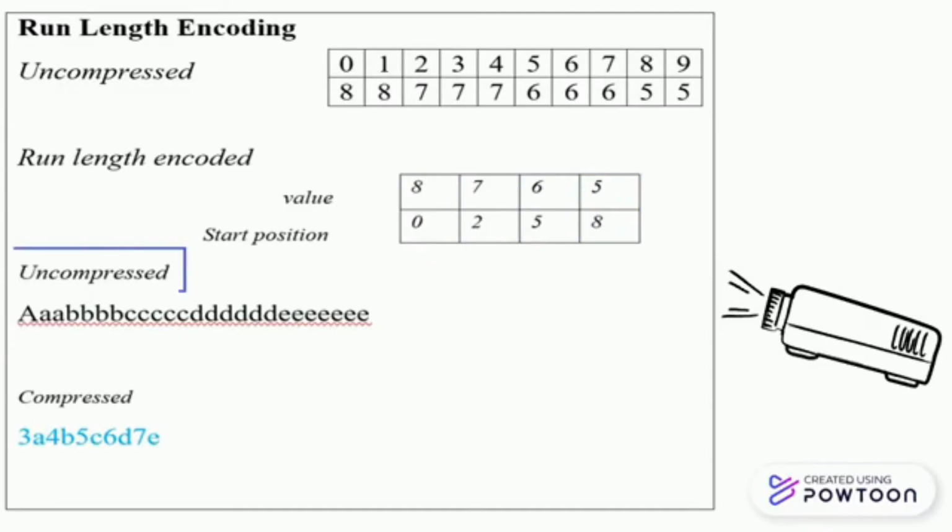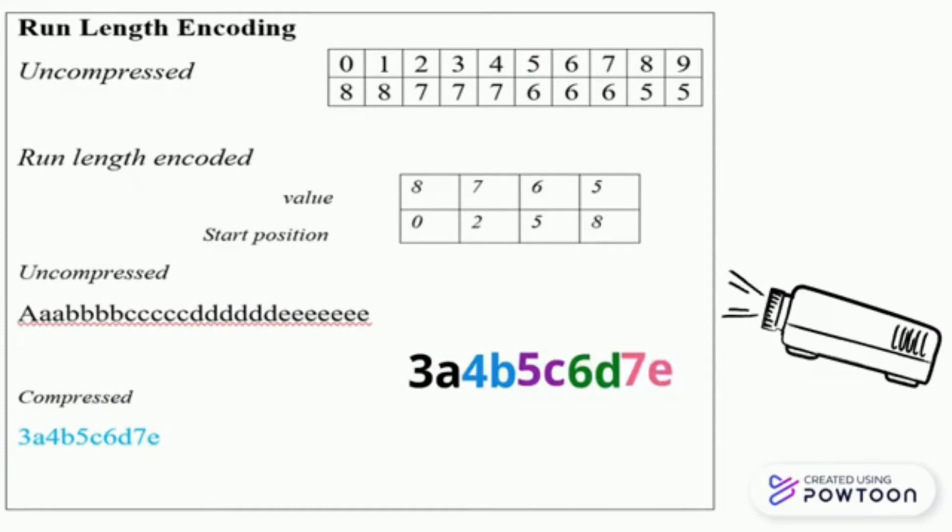This is another uncompressed and compressed version of a text in this given example. This is the uncompressed letters, which is from A to E. In the result, the compressed file will be 3A, 4B, 5C, 6D, and 7E.